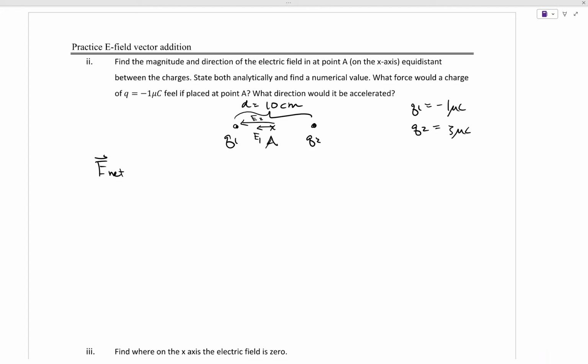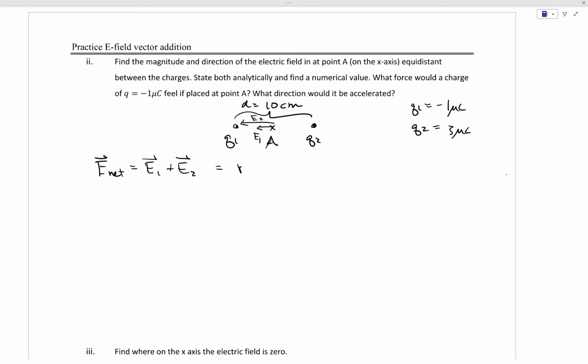Now they're pointing in the same direction, because since Q1 is negative, E1 would point towards it, and since Q2 is positive, E2 would point away from it and towards Q1. So what's this going to look like? E1 plus E2. And what are those in terms of the information that we have?